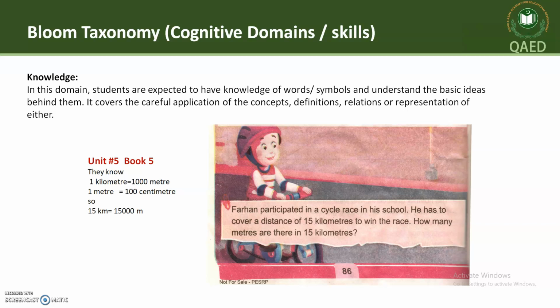So 15 kilometers is equal to 15,000 meters. We already have the knowledge about how to solve this question. So this is our previous knowledge, which you can say is the main stream of this cognitive domain.